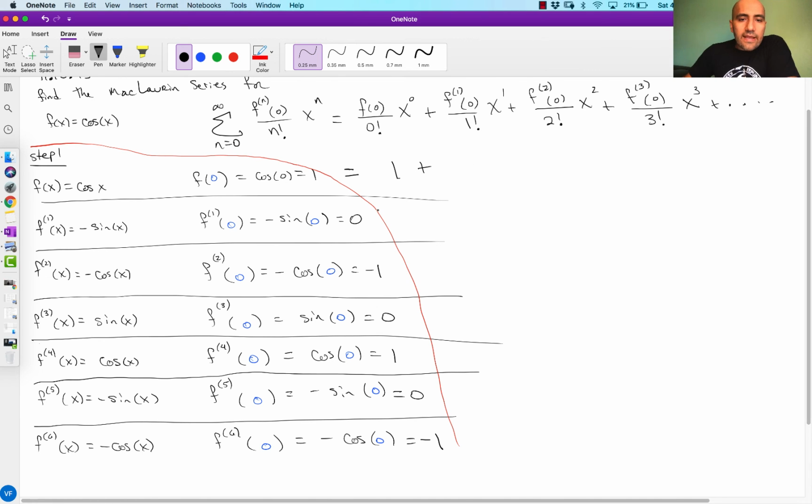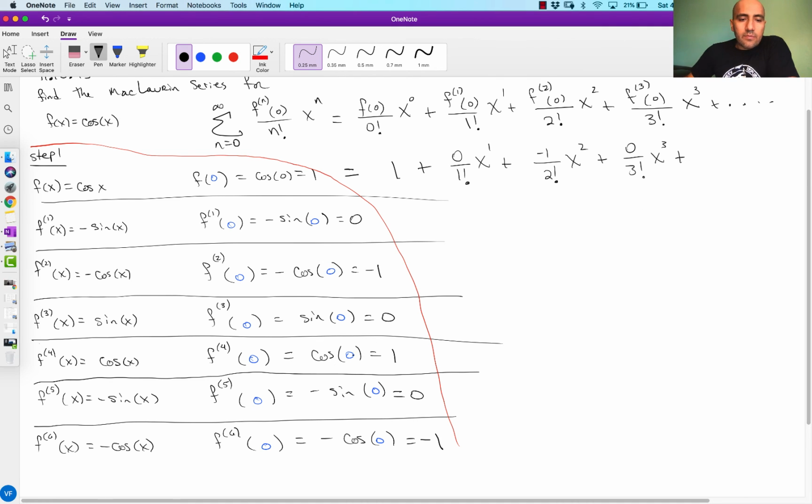The next one is going to have a 0 for this part. So it's going to be 0 over 1 factorial times x to the 1 power, plus, and now the next one is going to be negative 1. So negative 1 over 2 factorial x to the second power, plus, now the third one has a 0 again. 0 over 3 factorial x to the third power, and let's keep going with this pattern.